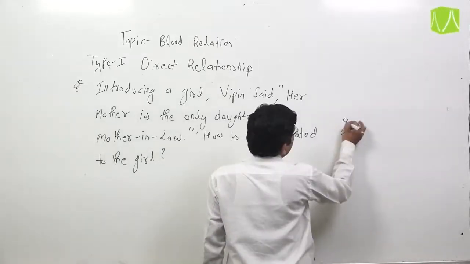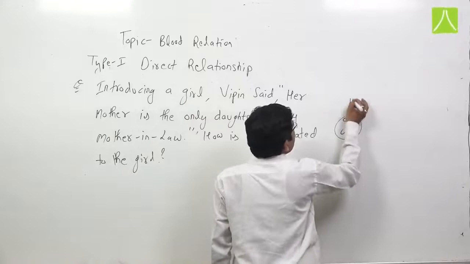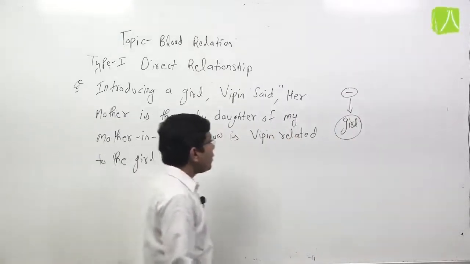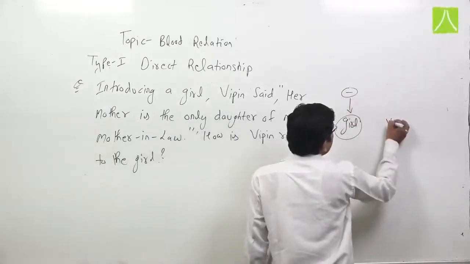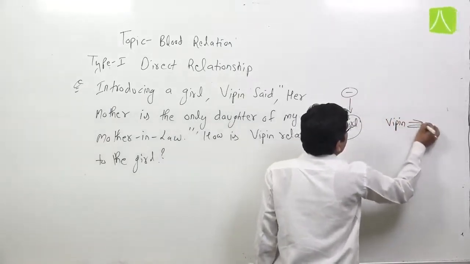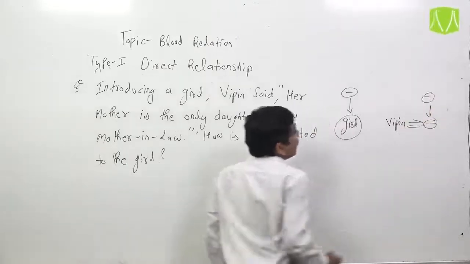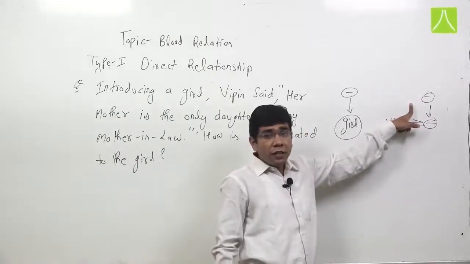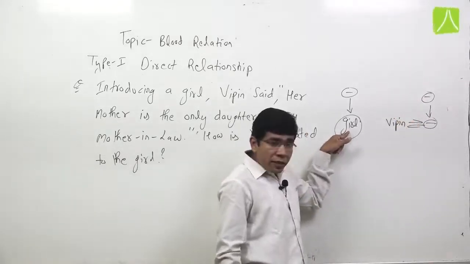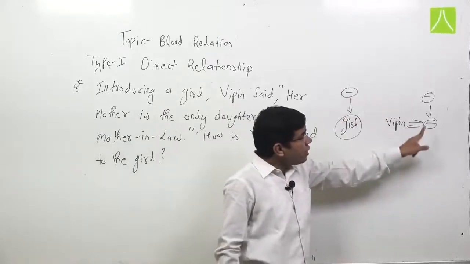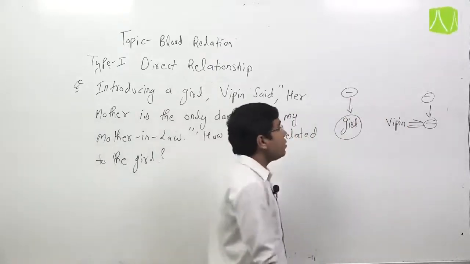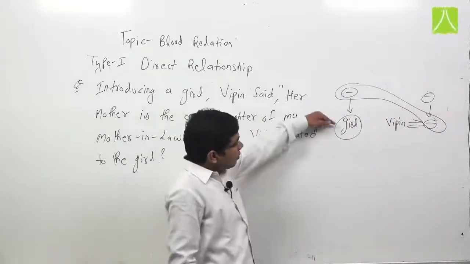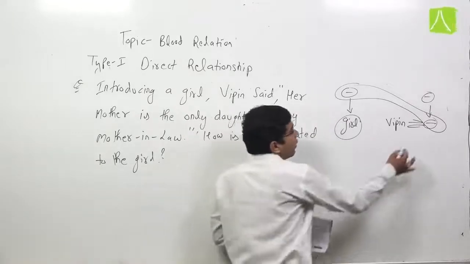According to the question, her mother means this girl's mother. Her mother is the only daughter of my mother-in-law. The mother of Vipin's wife is Vipin's mother-in-law, and according to the question, the mother of this girl is the only daughter of my mother-in-law, so this girl's mother is Vipin's wife.